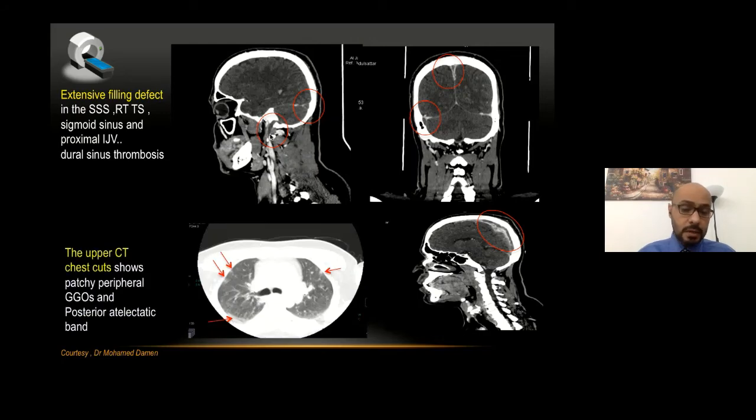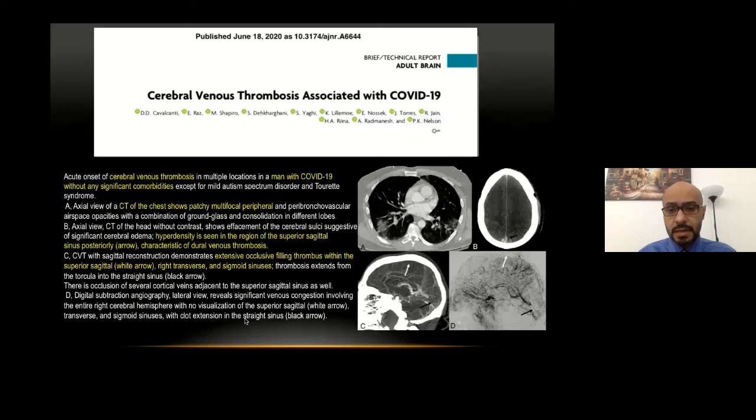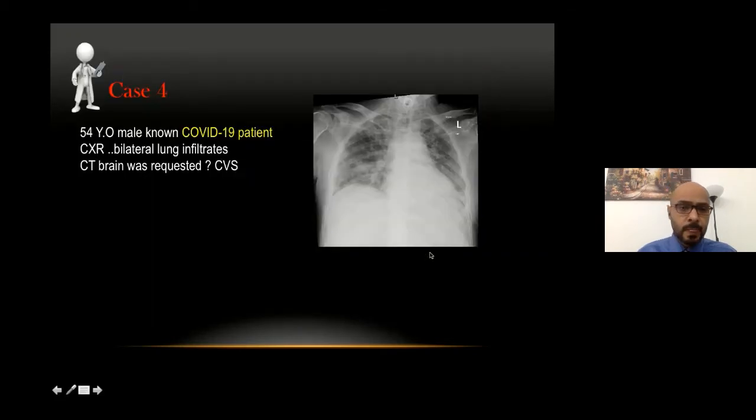The upper cuts of the CT chest reveal peripheral ground glass opacities with posterior atelectatic bands, and COVID-19 was suggested, and the swab result came back positive. A similar case was published in the American Journal of Neuroradiology, presenting exactly like our case.